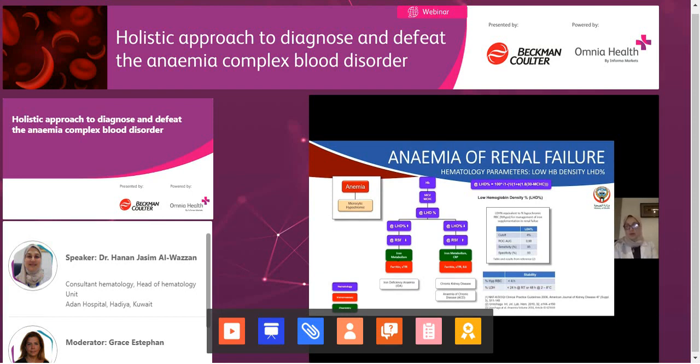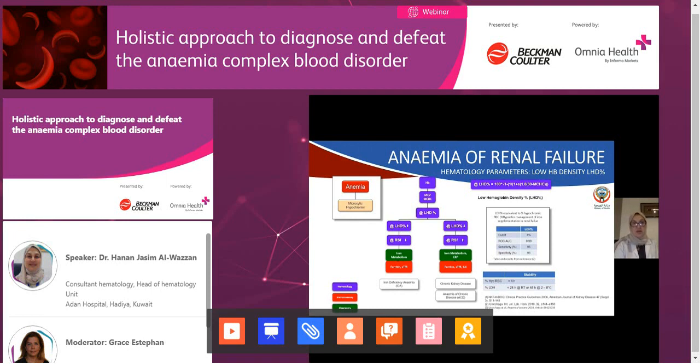So in anemia of renal failure, we are using more than one parameter. Usually the anemia is microcytic hypochromic, or normocytic normochromic. We will do the low hemoglobin density percentage. If it is high, it means more hypochromic cells, so we'll do the red size factor.